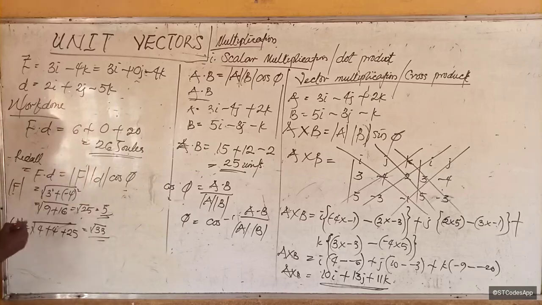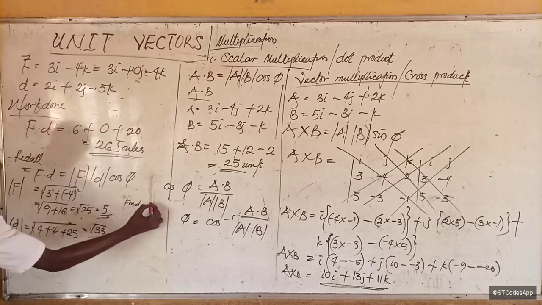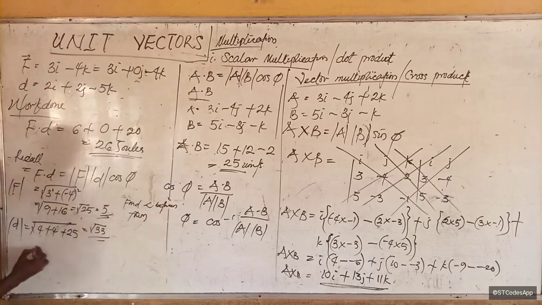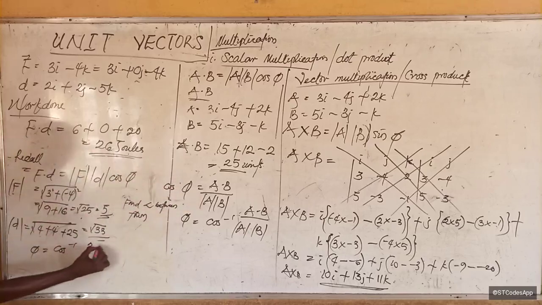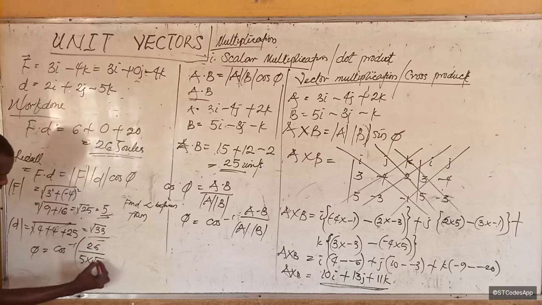So then, we are looking for the angle between them. Angle between them is phi, and we said it's cos inverse of the dot product, which gave us 26, over the product of the moduli, 5 times root 33.